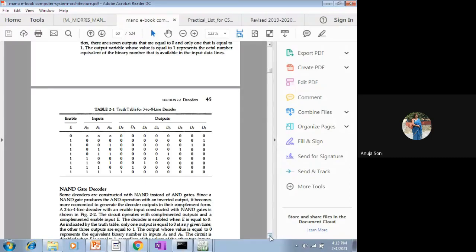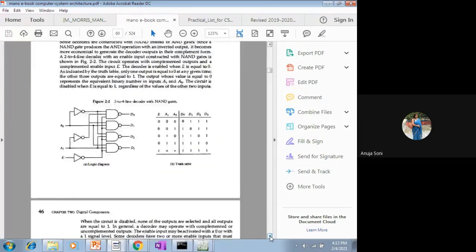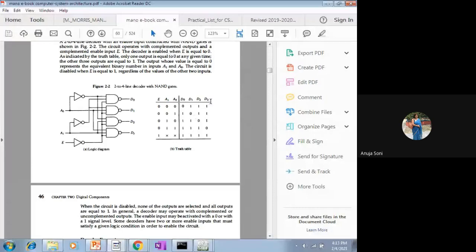But here notations have become different only. Now D0, D1, D2, D3 will be enabled whenever the corresponding value comes out to be 0, and the remaining values will be disabled whenever they come out as 1. That will be the only difference. Everything will work in a negated, inverted manner, but the functionality will remain the same.